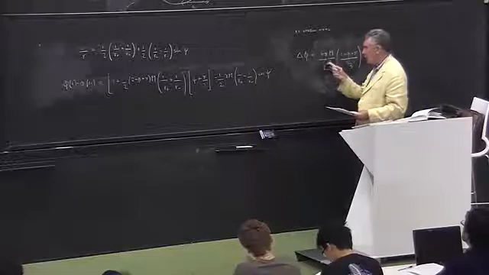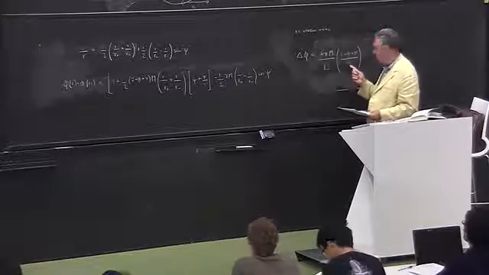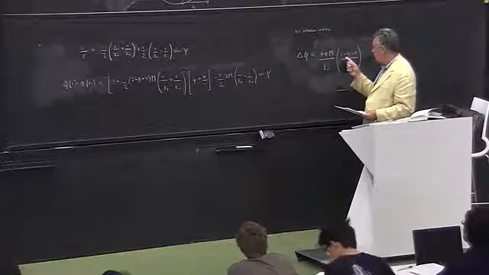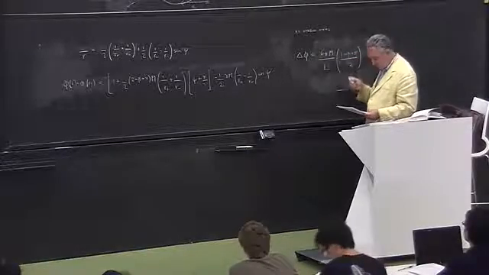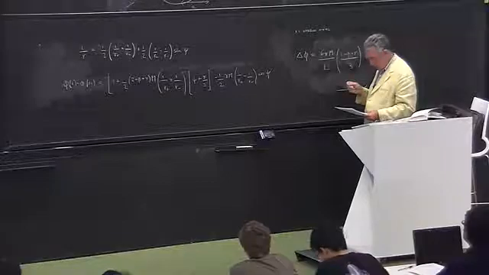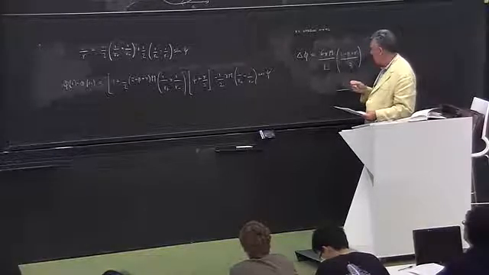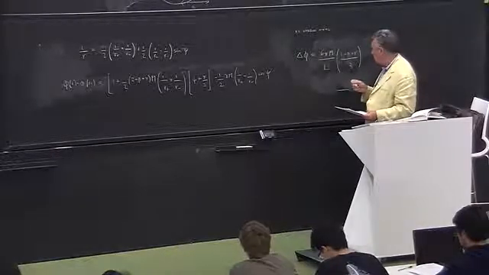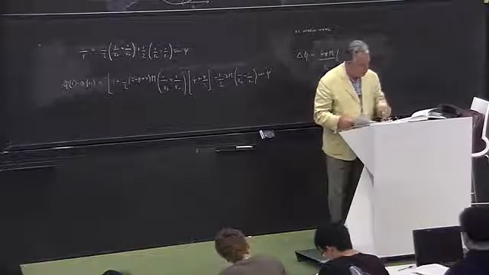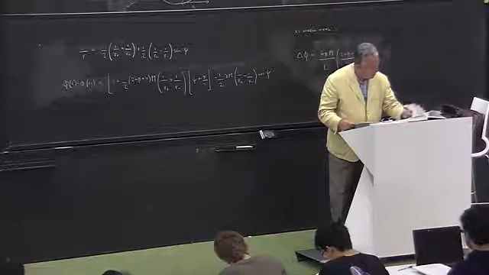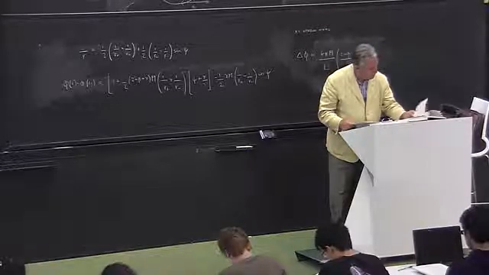Now, the reason for writing a 6 here and a 3 here is that in Einstein's theory, this will be 3, I think. In Einstein's, no, that's not quite true, is it?